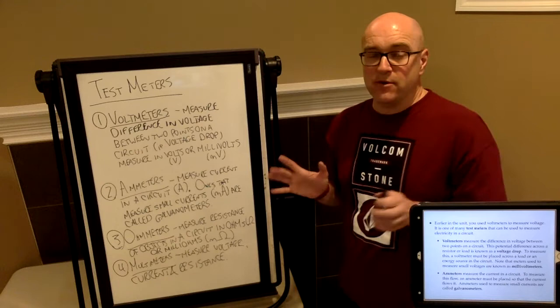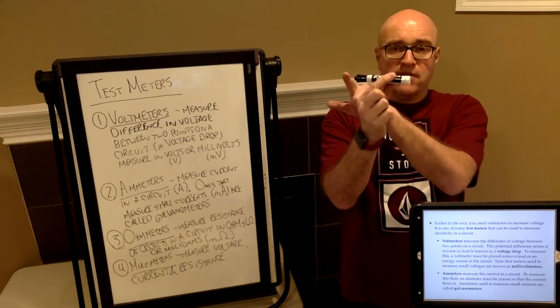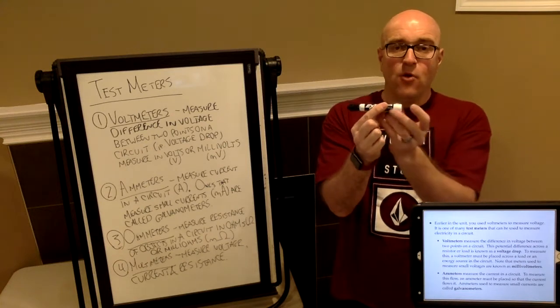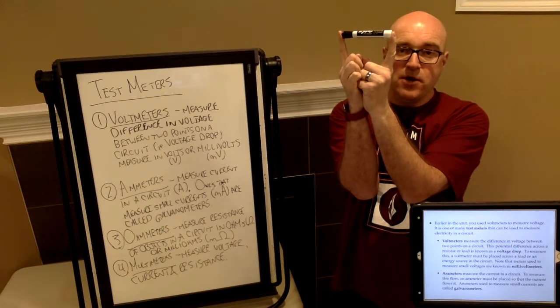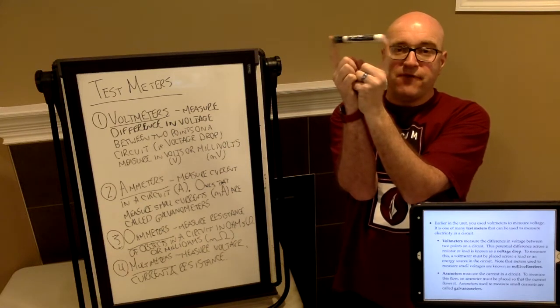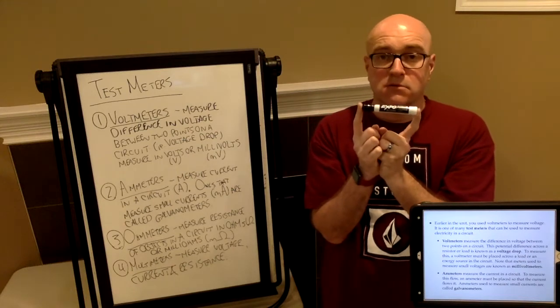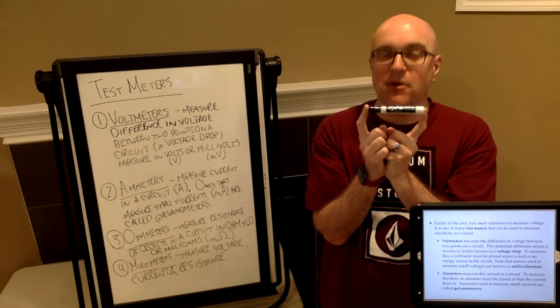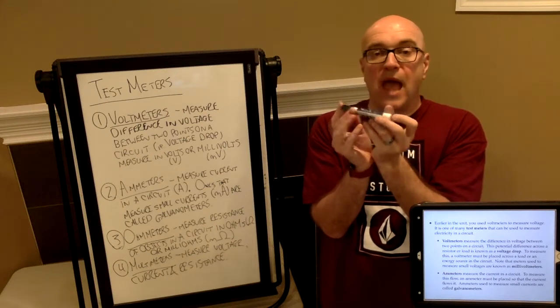But what voltmeters do is, so imagine this is a battery. This is my positive end. That's my negative end. If I had a voltmeter, these would be my fingers, the two ends of the voltmeter, and I would measure the potential difference in the battery. So this was a AA cell. Remember, they're AA cells, not AA batteries. If I were to measure this, it usually has 1.5 volts.